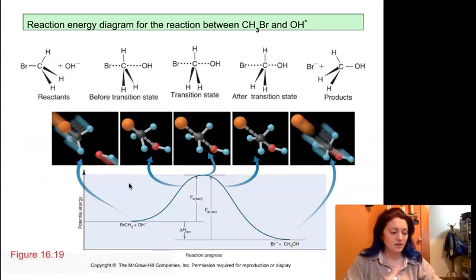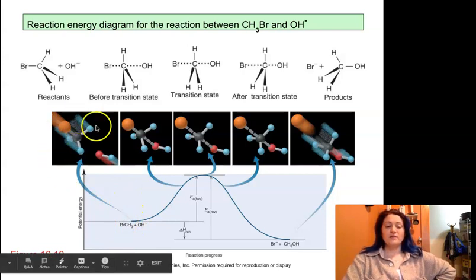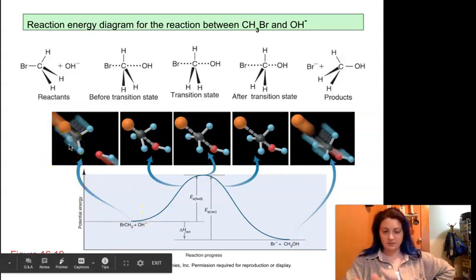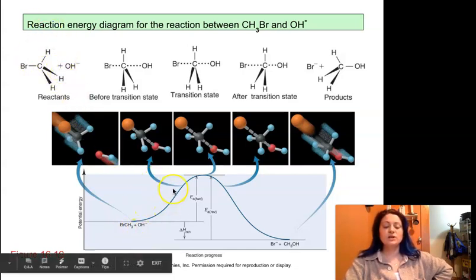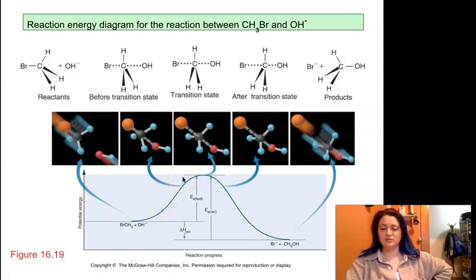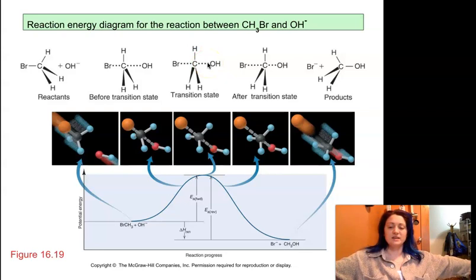So if you look at the reaction diagram here, I love this slide because it kind of gives you a molecular snapshot of what it looks like. You have reactants at the beginning, completely separate molecules, no partial interactions there, okay? Then, as you start to ascend the energy profile, if you will, you've got the hydroxyl starting to approach the carbon, right? And then at the peak of the transition state, that's where you basically have both of these bonds happening simultaneously.